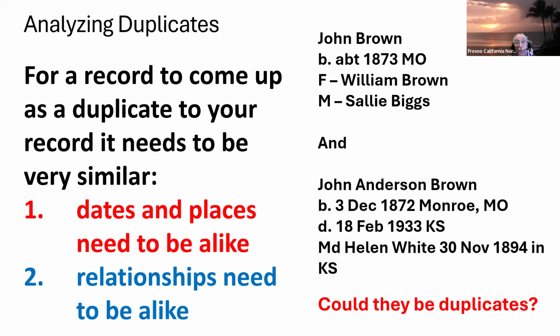Now, what can you do? As you're building this person and putting it down on paper, as you check out the different possible records and things, go into Tree and go to Find and see if you can find that person. Hopefully with a little more data, the John Anderson Brown will show up for you if you add a little bit to John Brown.